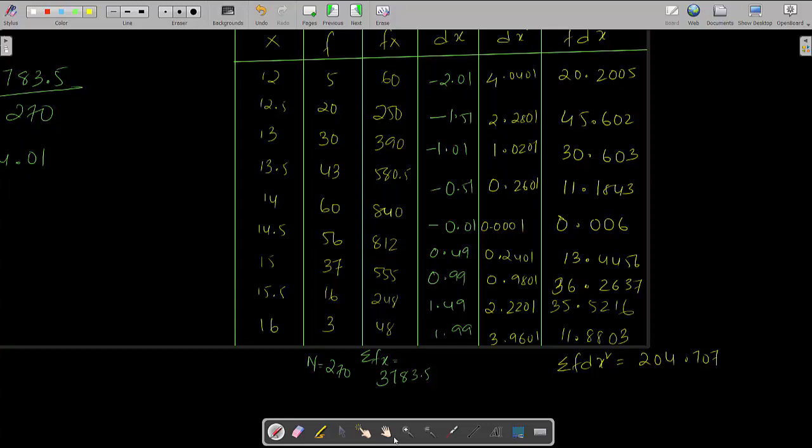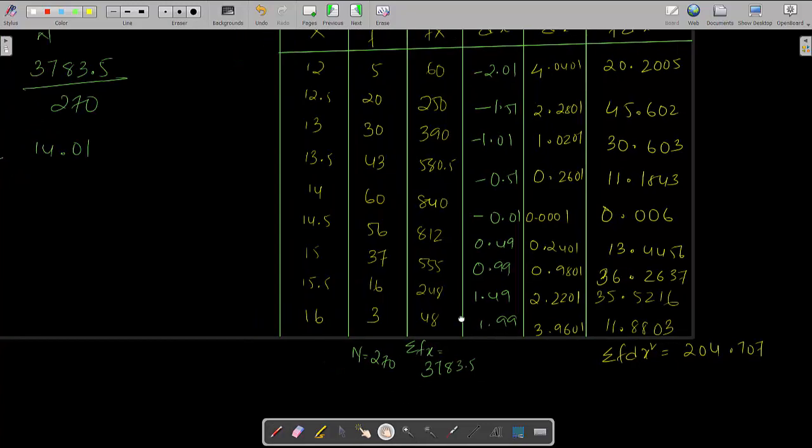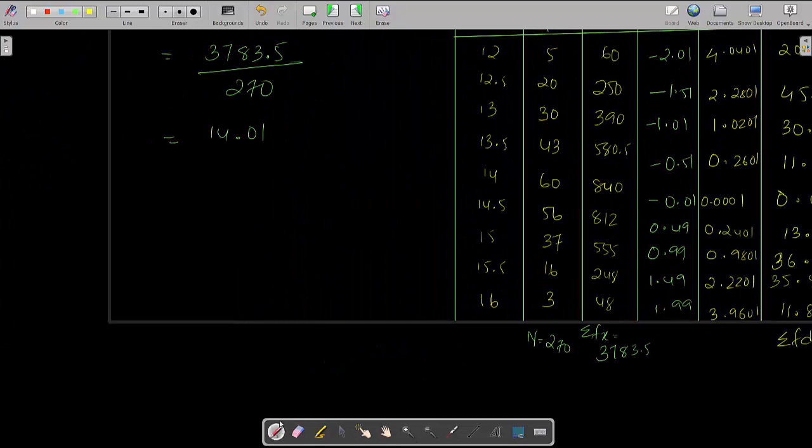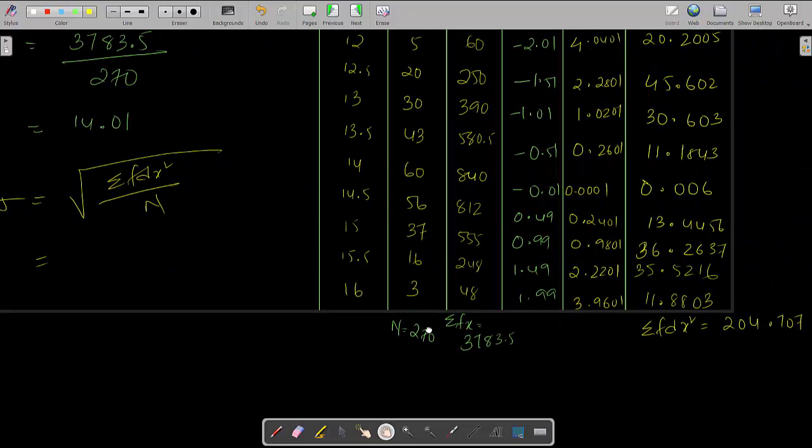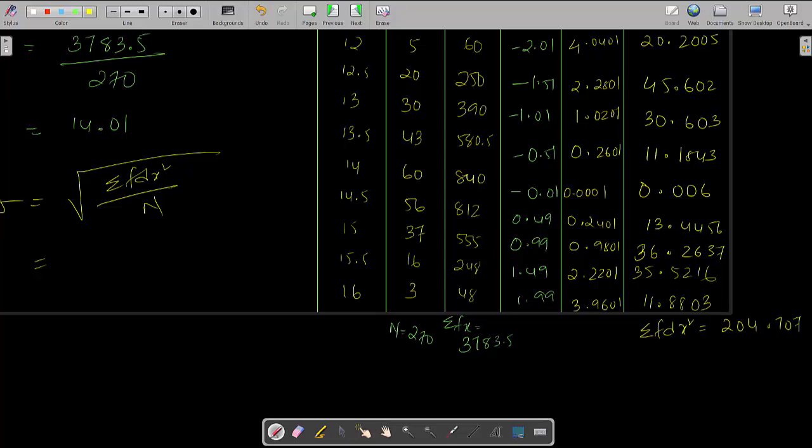Now let's go back to the formula to find the value of standard deviation. The formula is square root of sigma f dx squared by n. We have the value of sigma f dx squared, and that is 204.707, divided by our n, which is 270.